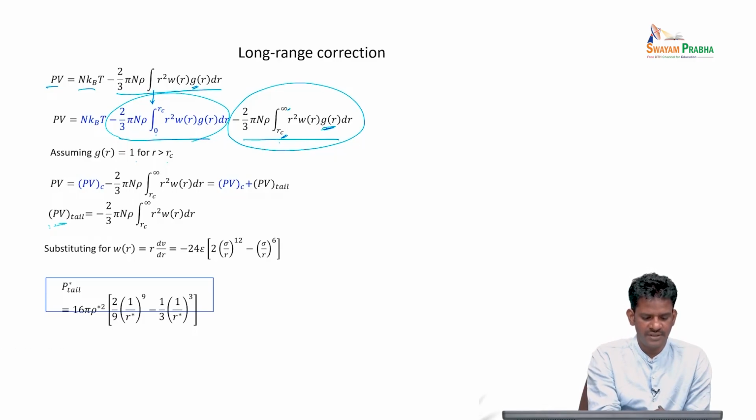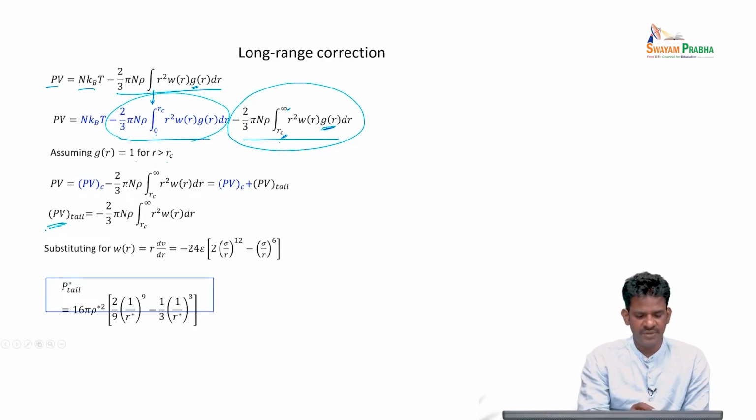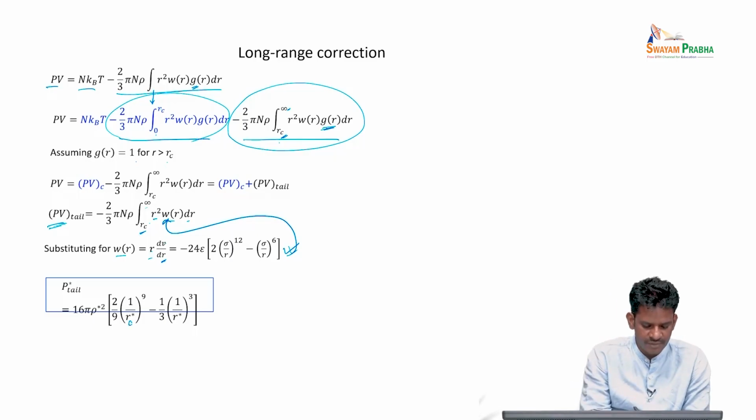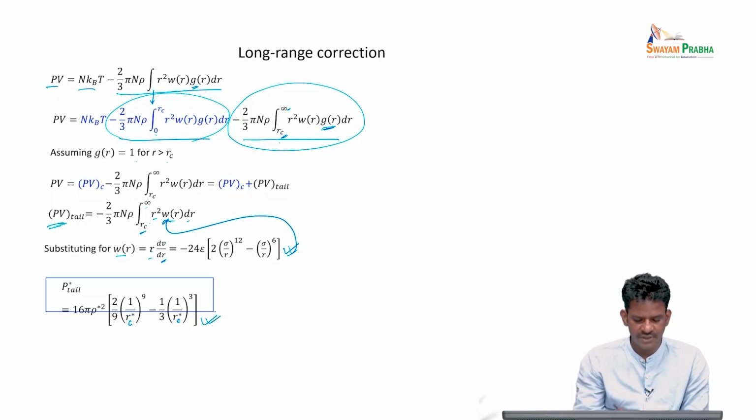The tail correction for pressure simply becomes the integral from RC to infinity of r squared times the pair virial times dr, and the pair virial is defined as r times dV by dr. For the Lennard-Jones potential you take the derivative with respect to r and multiply by r, then substitute it here, multiply by r squared, integrate it, substitute the limits, and you get the correction for the pressure. This should be RC star. So this becomes the correction for the pressure.